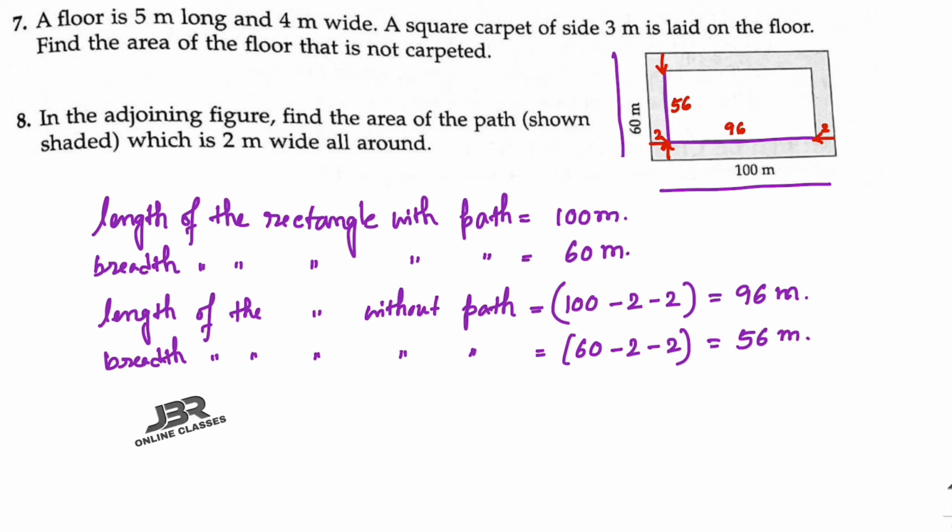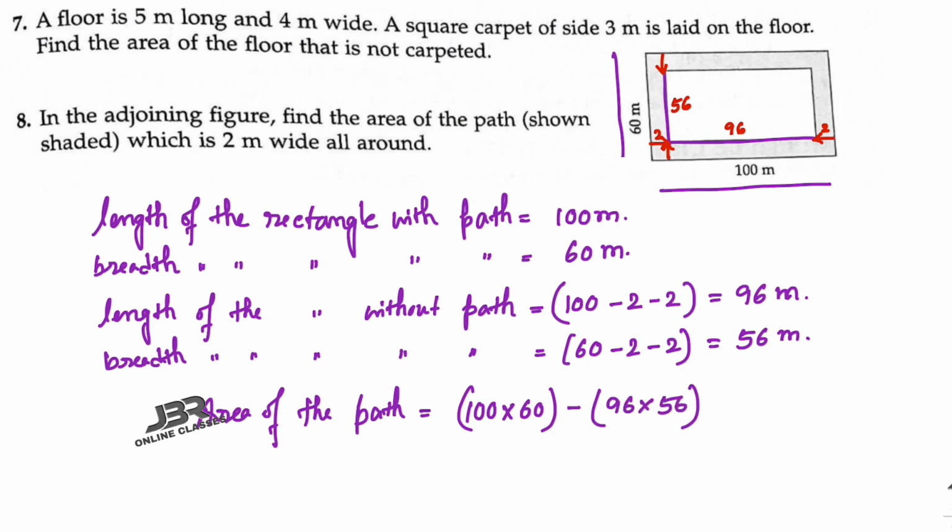Now if you want to find out the area of the path only, then you have to subtract the area of the rectangle without path from the area of the rectangle with path. So here just write down area of the path equal to, first write down 100 into 60, that is the area of the rectangle with path, and then subtract the area of the rectangle only, that is 96 into 56.